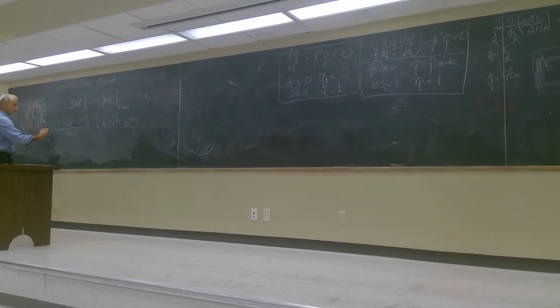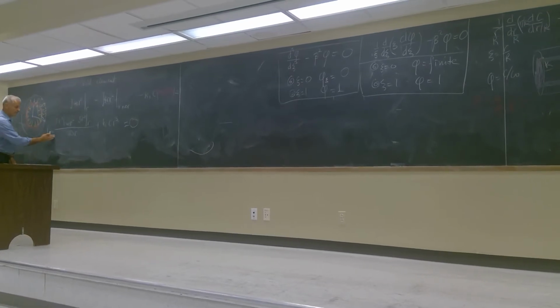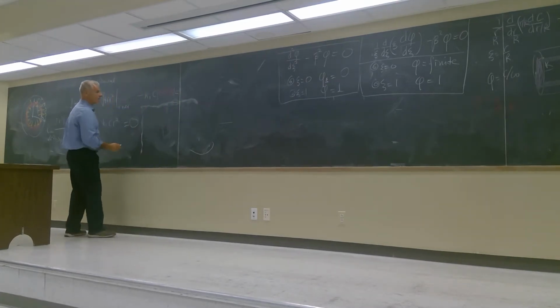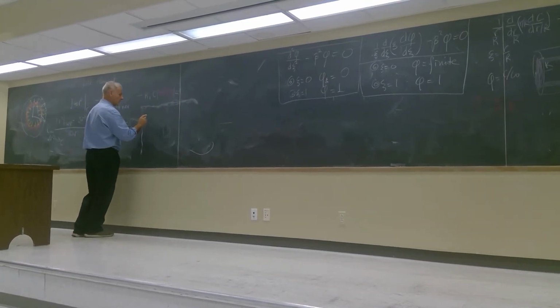And take the limit of this as delta r goes to 0. And if we do so, the differential equation that we obtain is going to be d dr r squared dC dr.